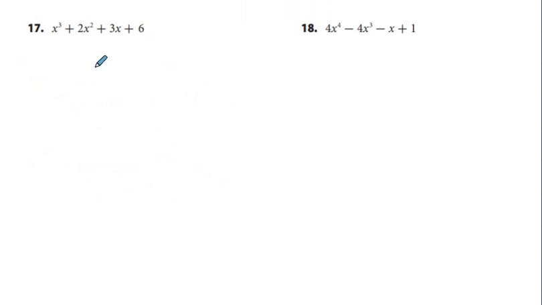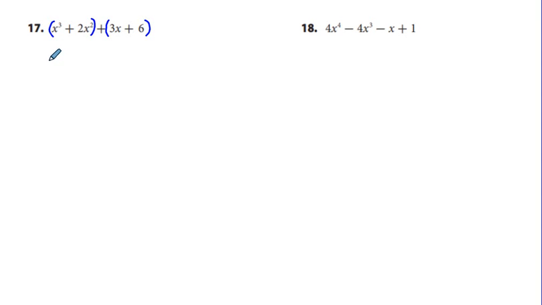Next we have problem 17. And we have x cubed plus 2x squared plus 3x plus 6. And go ahead and set these off as groups. And out of the first group, what is our common factor?